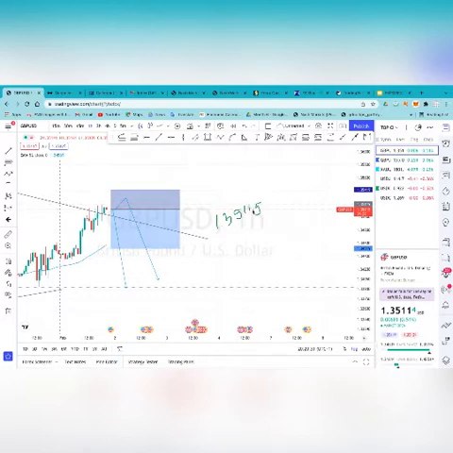Once there's a change, this last digit is a pipette. We don't count this except we want to use points. If we're using points, we count every single thing, all 5 decimal places. But if we're using pips, pips start from the 4th decimal point. So if you're using pips, this is what we're actually interested in.